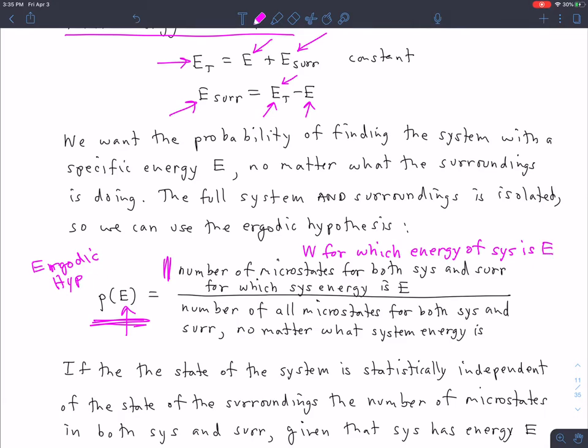It's got to be E, whatever E happens to be, but we're not restricting anything else. That divided by the total number of microstates in both system and surroundings, no matter what E is. I put that in words, but it is just the ergodic hypothesis. I put it in words to make it hopefully a little clearer what quantities we need to calculate.